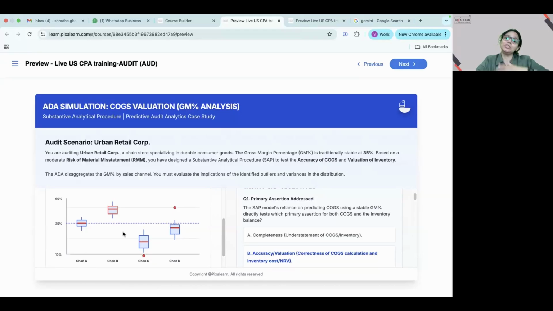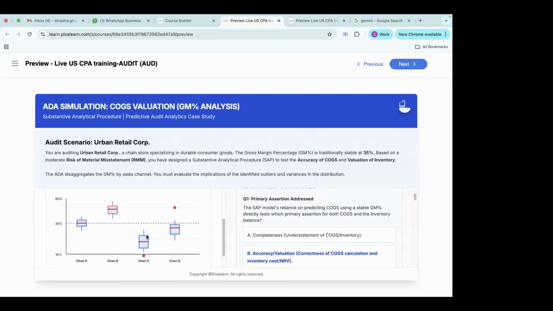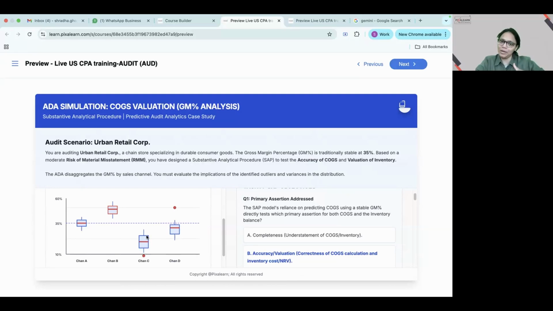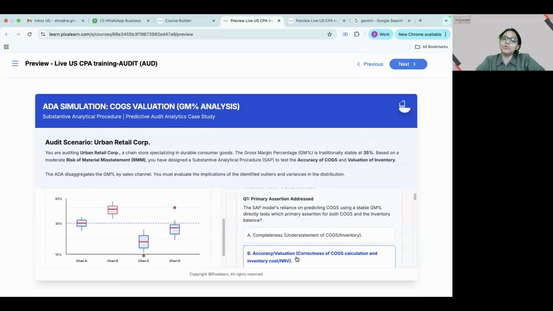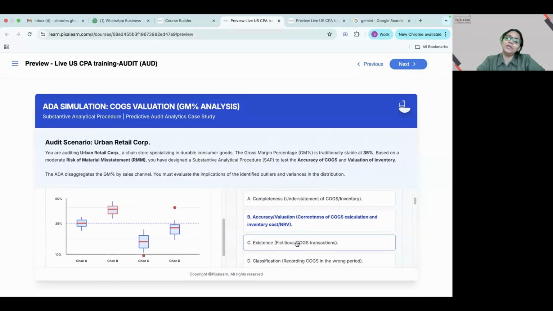The assertion will precede the result of the graph, isn't it? This is why you analyze the data like this, in order to understand the anomalies and concentrate your further audit procedures on them. Yes or no? Correct. So which assertion did you start with? It was not only COGS, it was COGS and inventory valuation, isn't it?